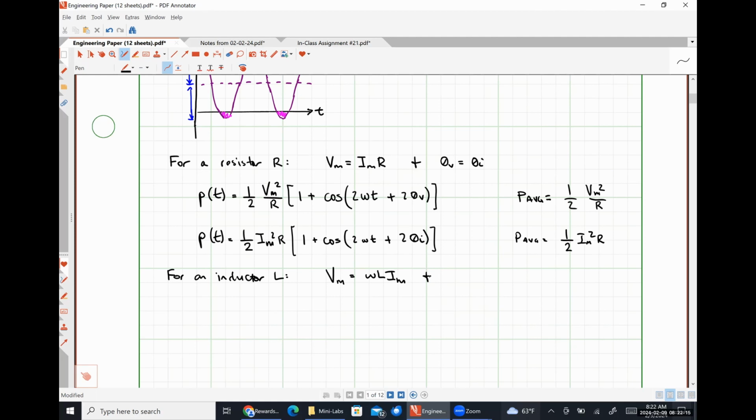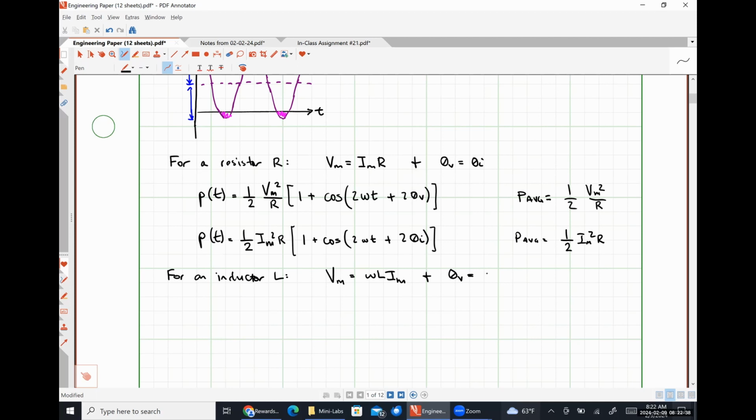What's our phase angle relationship? You guys literally just did a lab on this Wednesday. What was the difference in the phase angle for your inductor? Should come out to be positive 90 degrees between the voltage and the current, right?